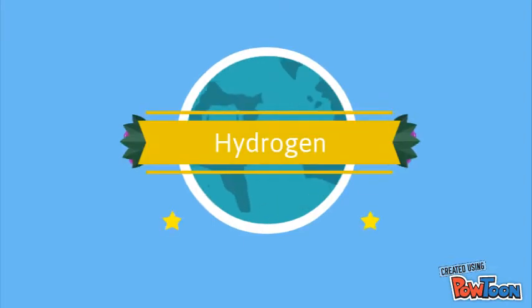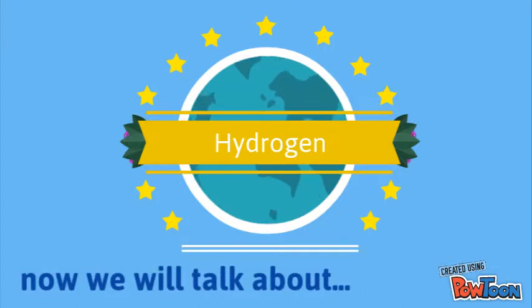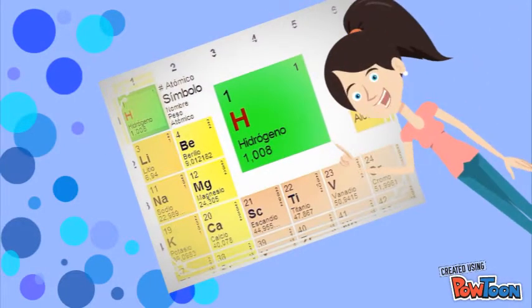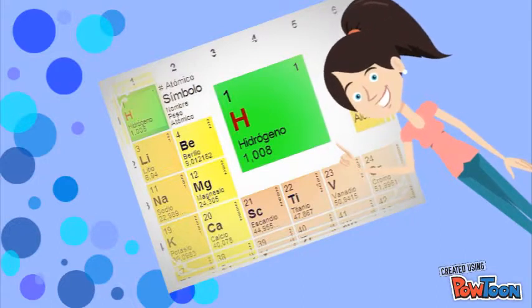So, we will talk about hydrogen. Located in group 1A and the first level of the periodic table, we can also get its quantum number through its electronic configuration. In this case, it's only one electron.